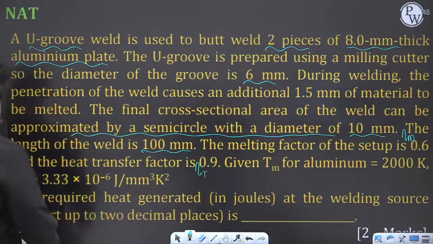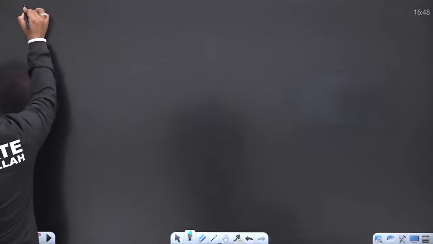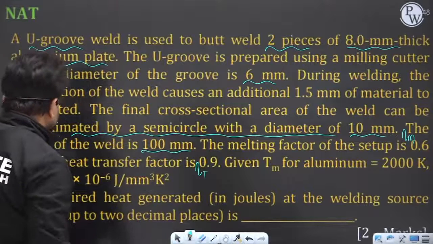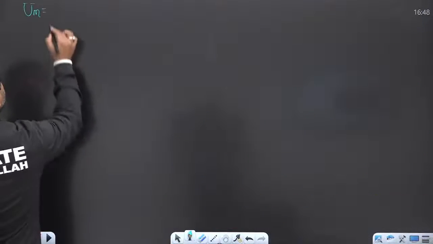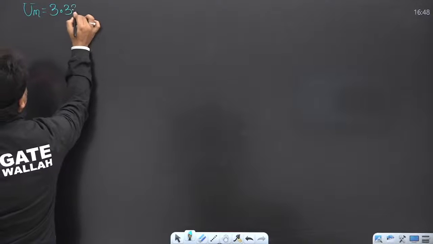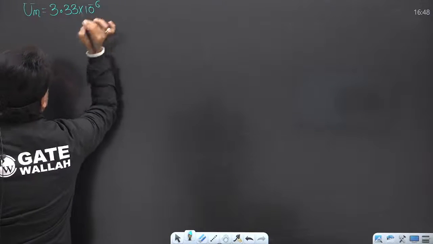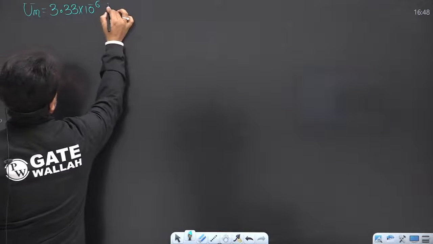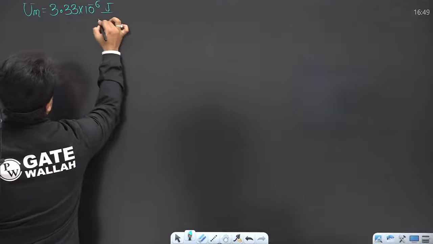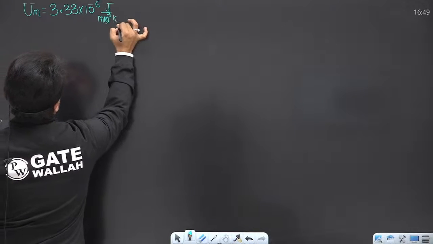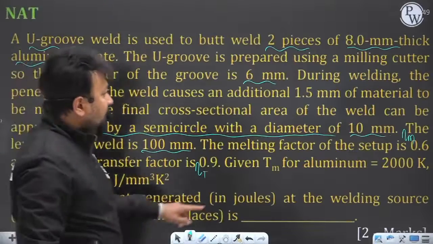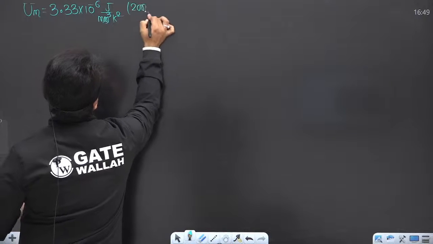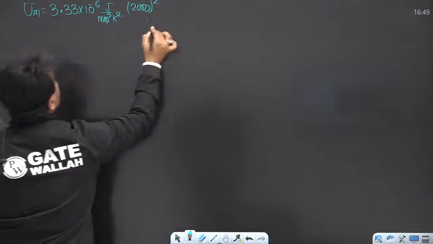So first of all, let's concentrate on calculating the specific heat required. That is 3.33 into 10 to the power minus 6 joule per mm cube Kelvin square, multiplied by 2000 Kelvin, because the aluminum melting temperature is given.